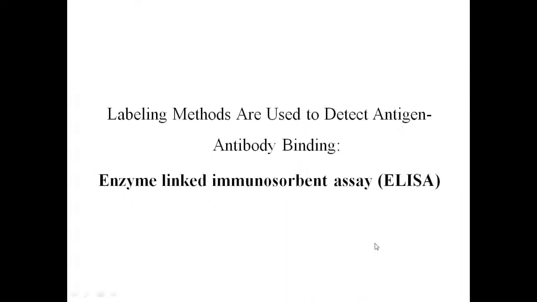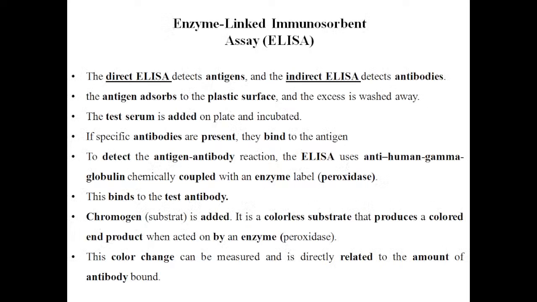Another labeling method is enzyme-linked immunosorbent assay, or ELISA. In this method, there are also two variants. It is direct ELISA that detects antigens, and indirect ELISA that detects antibodies. Mechanism of ELISA, direct and indirect, also depends on what we are going to detect.